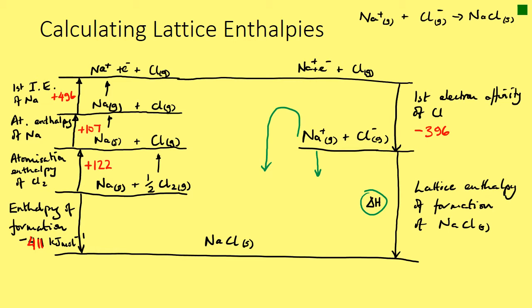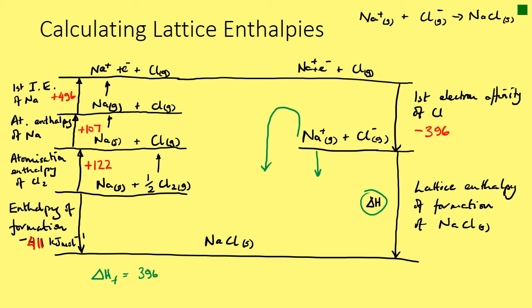All right, so what we can do is we can write it out using the numbers that we know. If we're after our lattice enthalpy change of formation, then we can write it out longhand. So let me do that for you. So our lattice enthalpy change of formation is going to be 396.